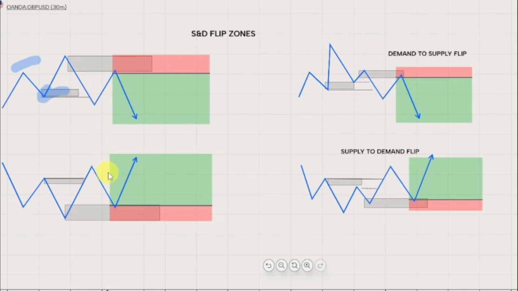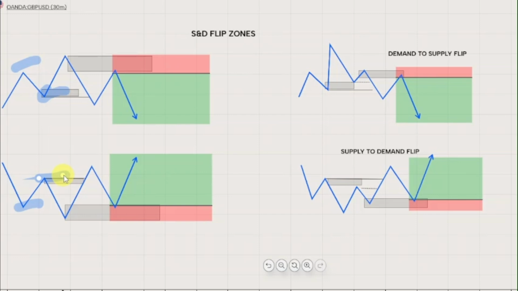And a normal demand zone too, this is what we are expecting price to do. Price pushes up, pushes down, causing a break of structure below here. Price will push up, change character. If there's a change of character, this is an indication to us that price is trying to reverse.